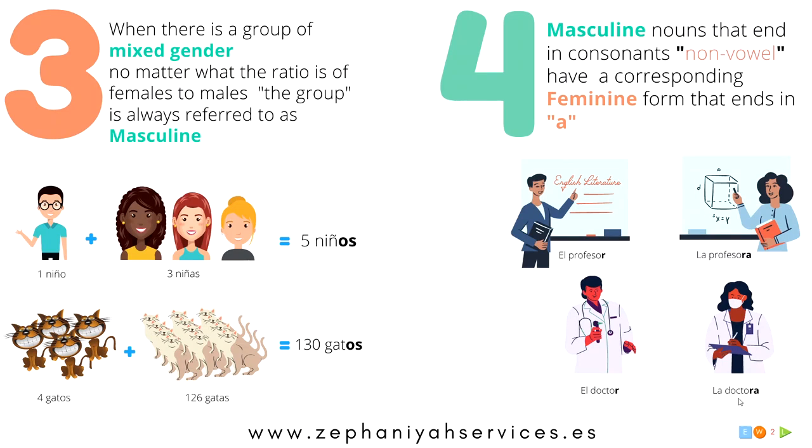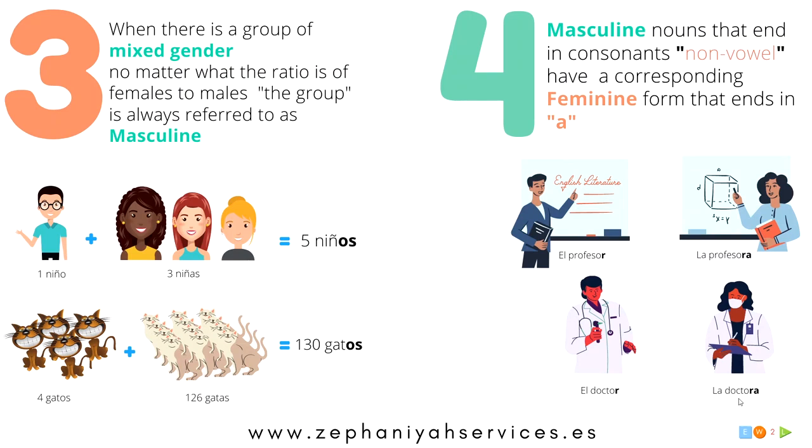We're using the masculine. And here, for example, we have four male cats and 126 female cats. Cuatro gatos más 126 gatas es igual a 130 gatos.